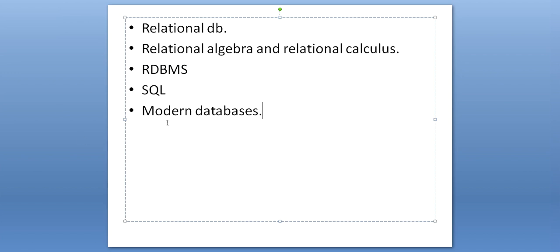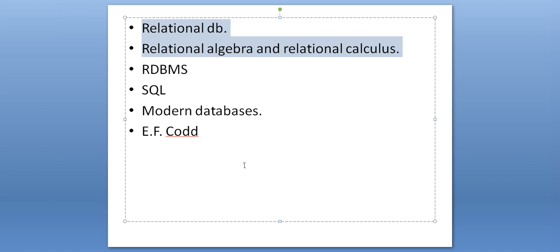They all come up because of relational algebra and the relational database that was first introduced by E.F. Codd. I will just write the name, E.F. Codd. Because of relational algebra and the relational database, the RDBMS, modern databases and SQL exist.